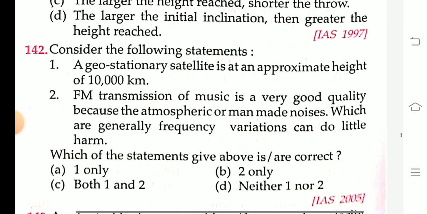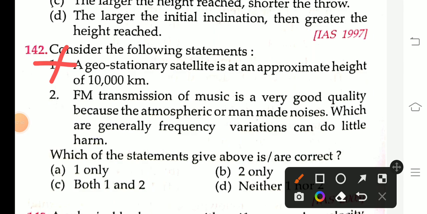Consider the following statements. A geostationary satellite is at an approximate height of 10,000 km. Wrong.